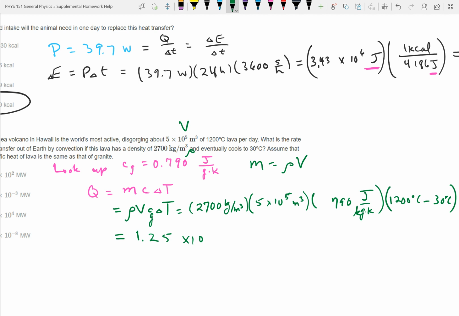Yeah, it should be times 10 to the 18. Okay, 2.7 times 10 to the 3. 3 plus 5 is 8. Plus 3, 11. Plus 3. What? Oh, wait, it does have megawatts. We're good.